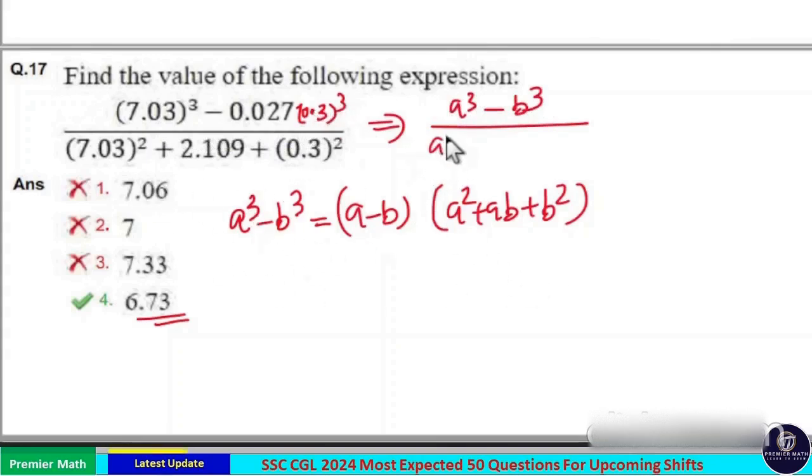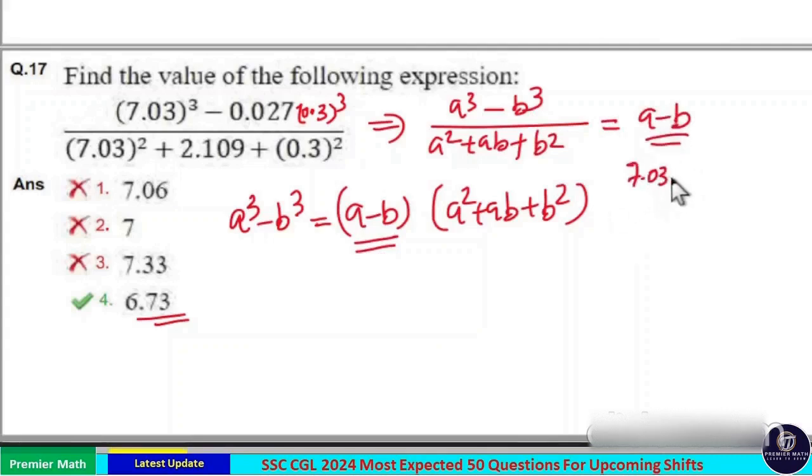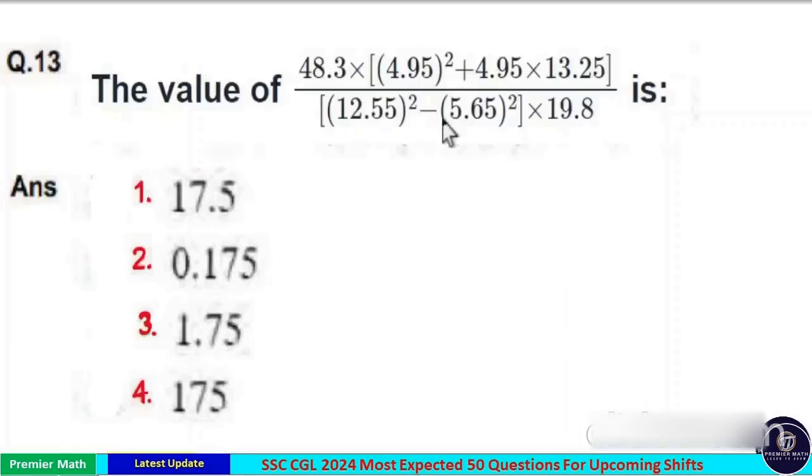In the denominator you have a square plus ab plus b square. So a minus b is missing. A minus b missing means this answer is equal to a minus b, which is 7.03 minus 0.3, which is equal to 6.73.